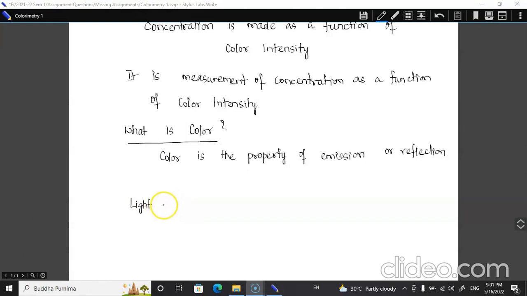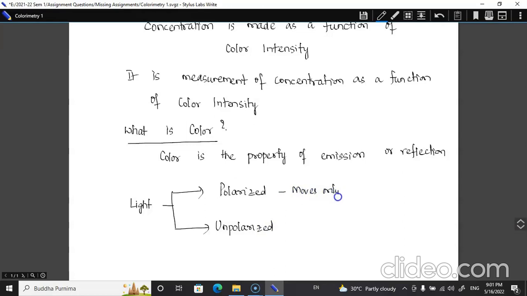Now this light has been divided into two types. The first one is polarized light and another one is unpolarized light. The polarized light moves only in one direction, whereas the unpolarized light moves in all directions.